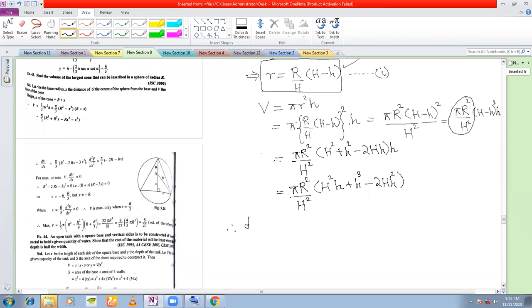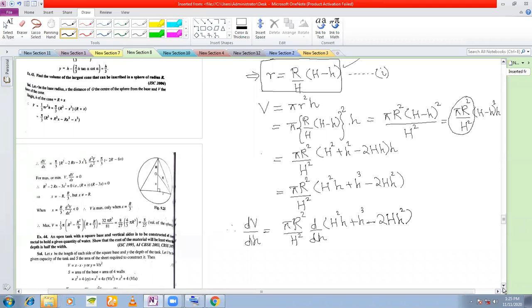Therefore, what is dV/dh? You take pi R square by H square as constant into d/dh of (H square h plus h cube minus 2H h square).